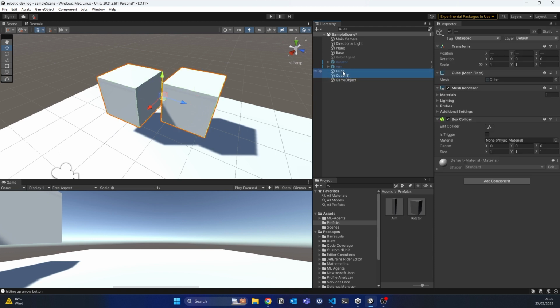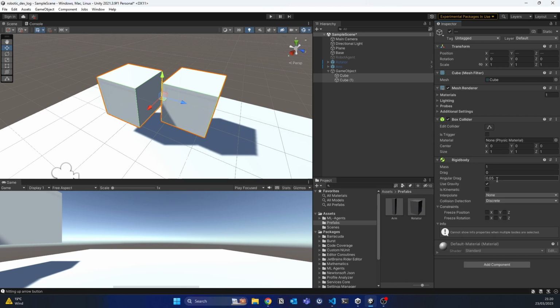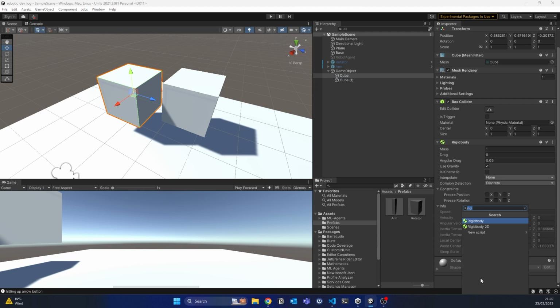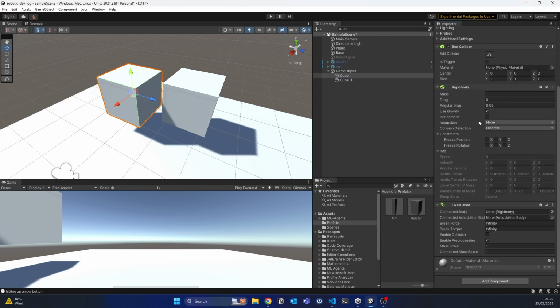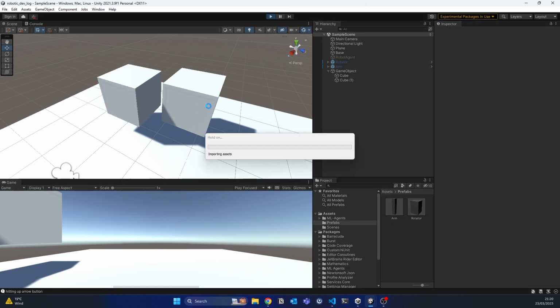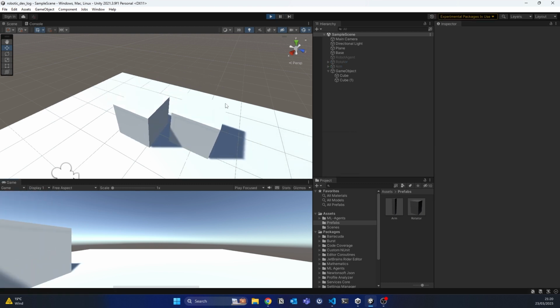Let's put those guys in here. Both of them will get a rigid body. One of them is gonna have gravity, the other one doesn't have gravity. The one that has gravity will also get a fixed joint, and the one without gravity will be dragged into this here. So theoretically this should be falling down, and the other cube should be dragged with it. Okay.